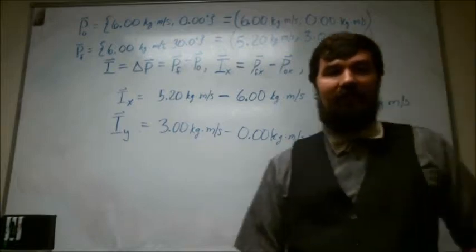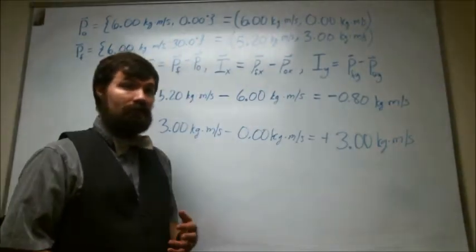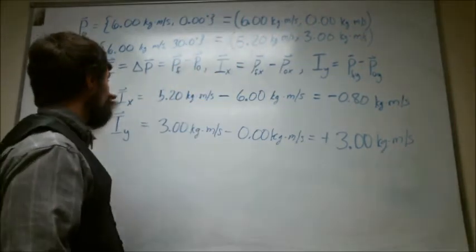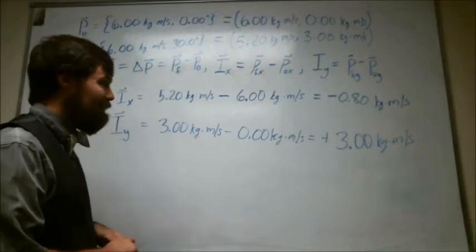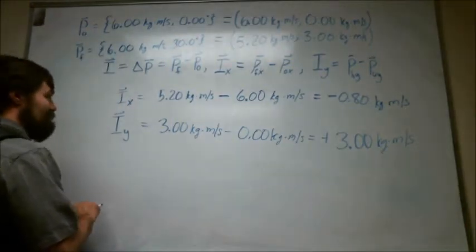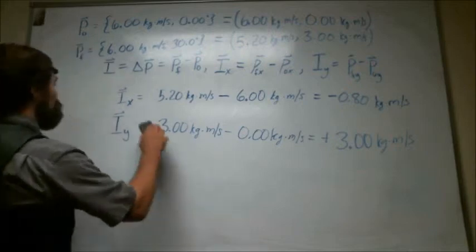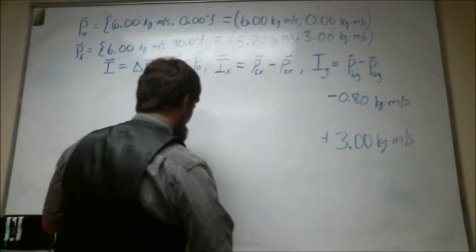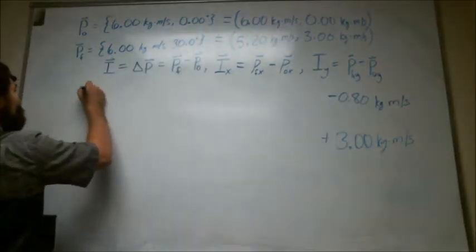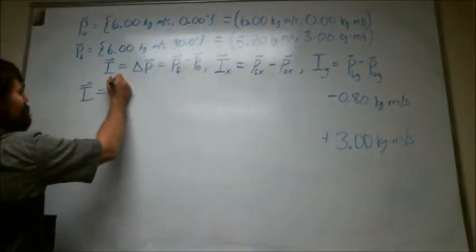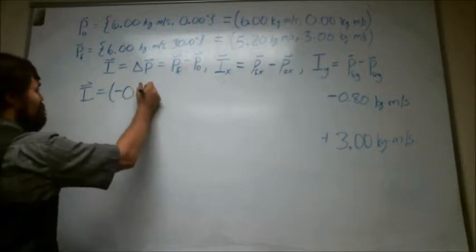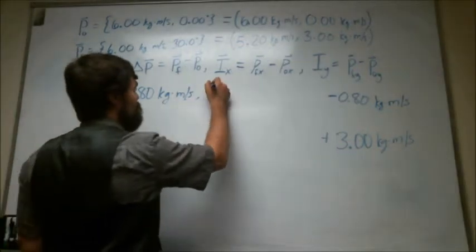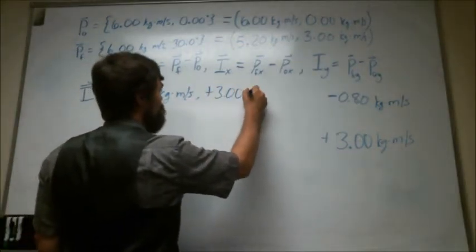So now I have found the initial and final momenta in Cartesian, and now I find the impulse in Cartesian. So I can write that the total impulse is equal to the x part of the impulse, comma, y part of impulse.